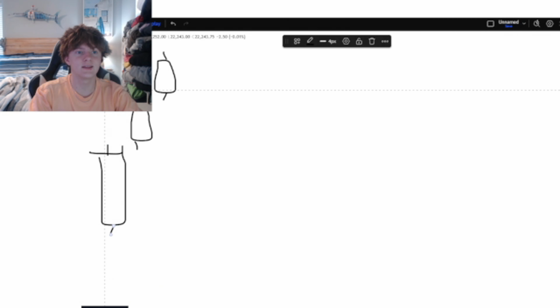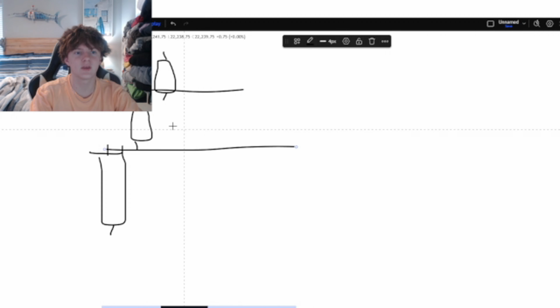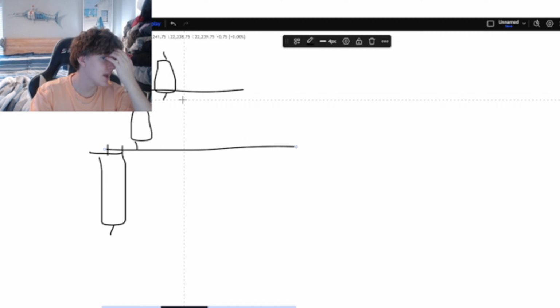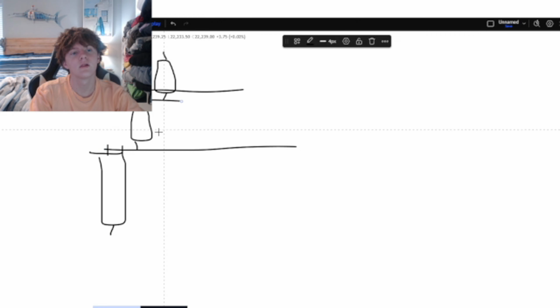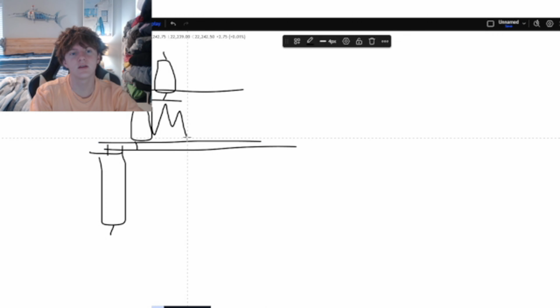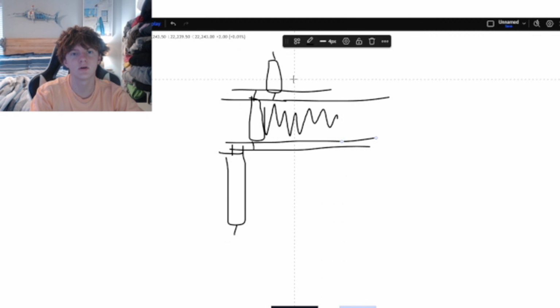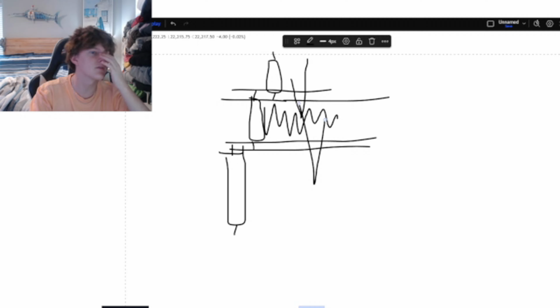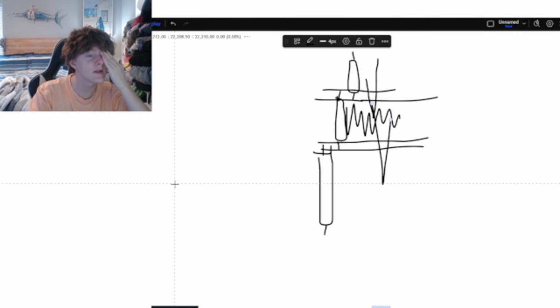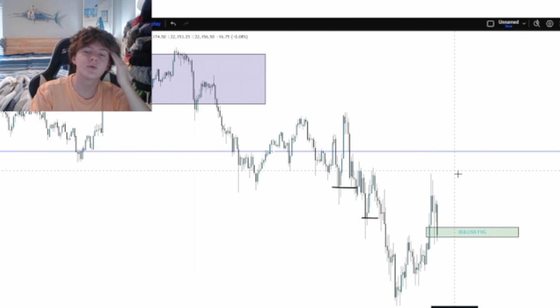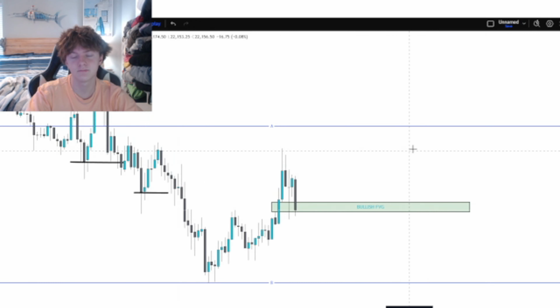We mark out the highs and the lows of the middle candle here, and we can assume that this range is going to be our fair value, where price can eventually tap into and maybe reject off of, or inverse it, giving us a bias. So that's our fair value gaps. We saw right here we have a bullish fair value gap.